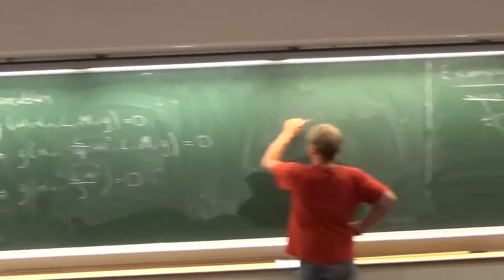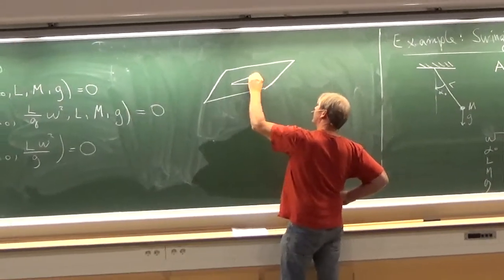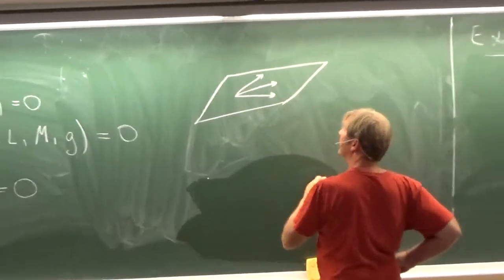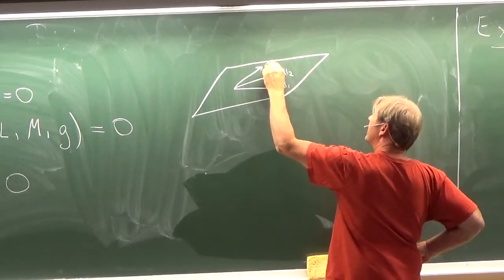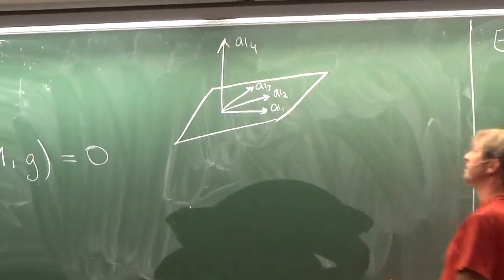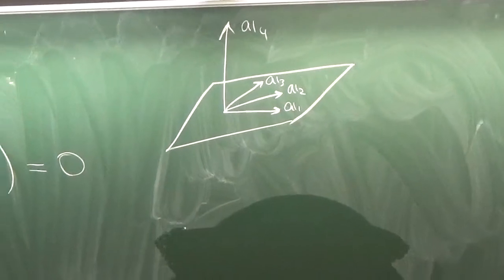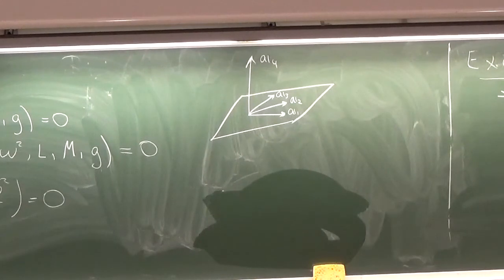If I have a plane here, I have 3 vectors in this plane, let's call them A1, A2, A3, and we have a 4th vector that's not in the plane. And since the span of these 4 vectors is a 3-dimensional space, we have 3 core variables, so 3 basis vectors for this span. And we see that A4 always needs to be in such a basis, since the rest of them lie in the plane.